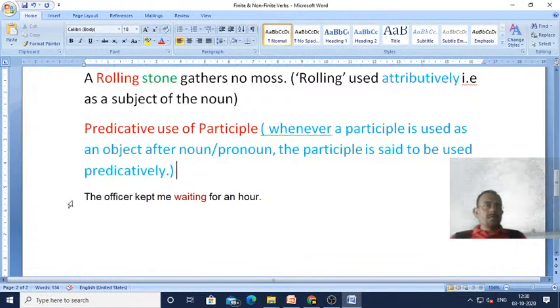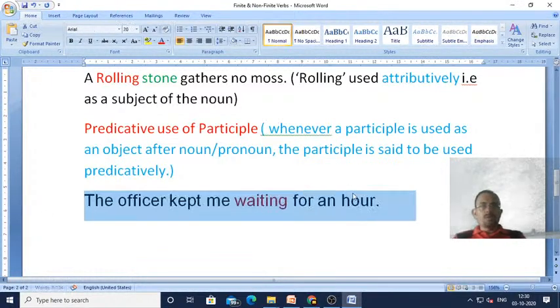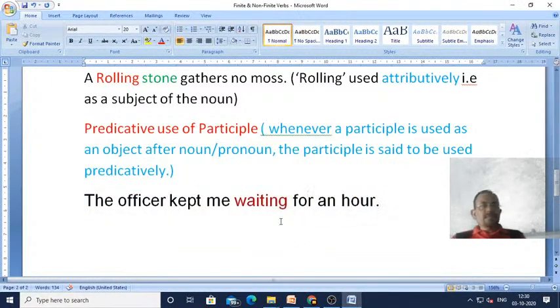So here you see in this example, the officer kept me waiting for an hour. "Waiting" is used after a pronoun as an object here. So whenever an -ing word will be used as an object after a noun or a pronoun, in this case a pronoun, then -ing is used predicatively as an object.